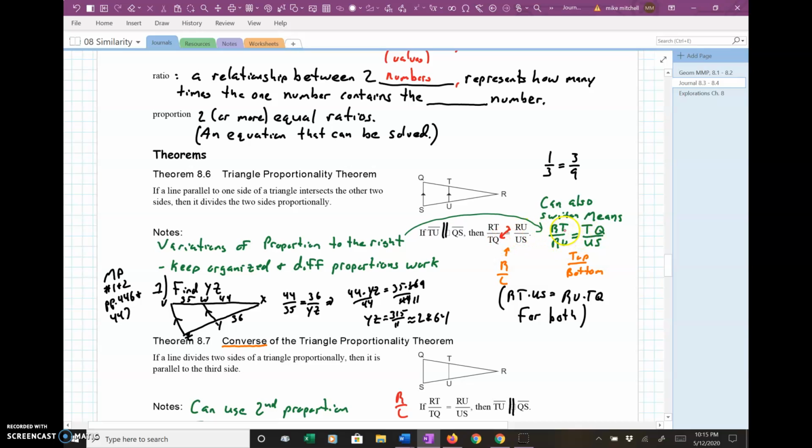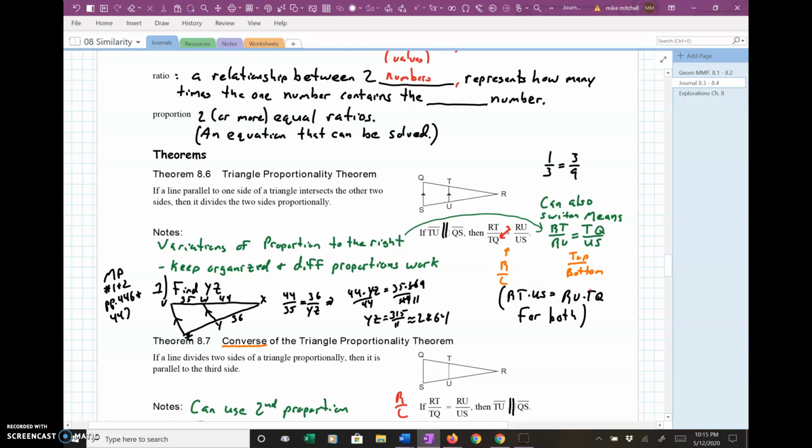That would give me RT to RU, TQ to US, but that's still a pattern. RT is on the top part, RU is on the bottom. TQ is the top part, US is the bottom. So you're always following this. If you cross-multiply both of these, you get the same thing: RT times US equals RU times TQ for both of them.